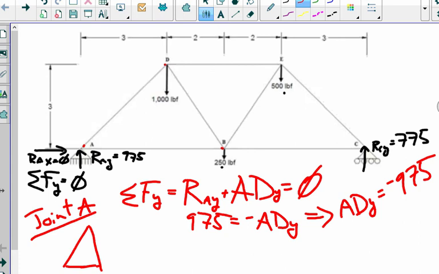So if I just figured out that ADY, which is this one here, is going to be negative 975, that means that ADX also has to be negative 975.